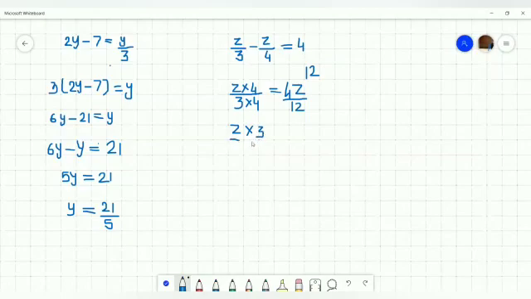We need 12 in the denominator, so we are multiplying it by 3. So 4 into 3 is equal to 3Z upon 12.